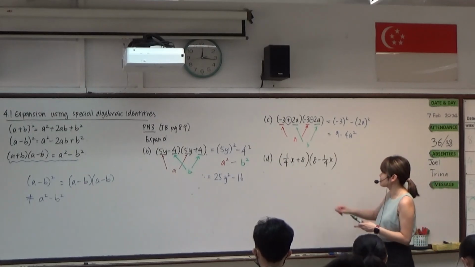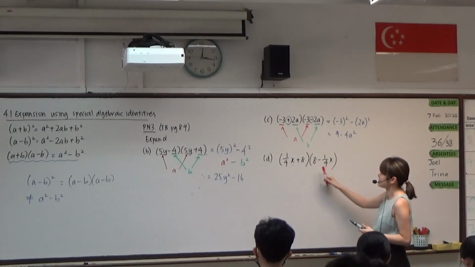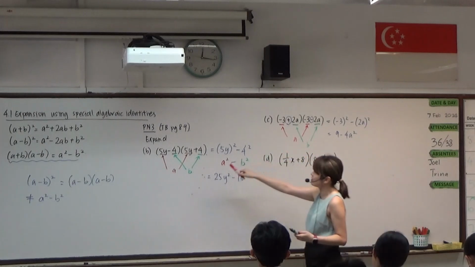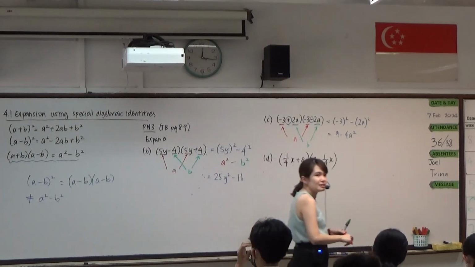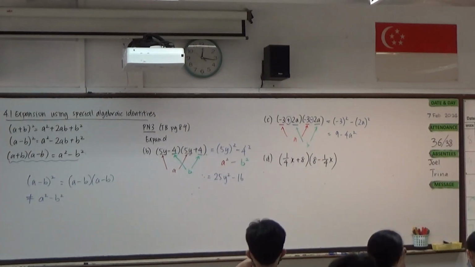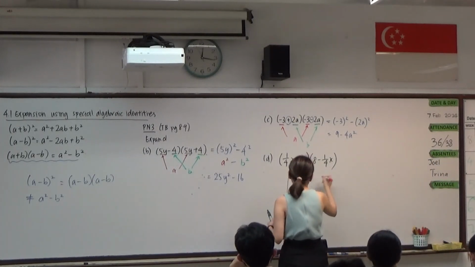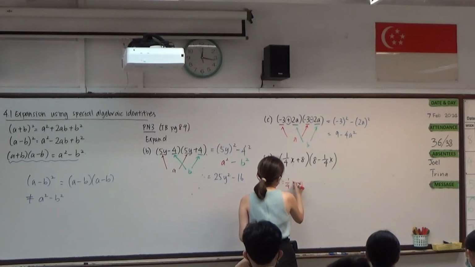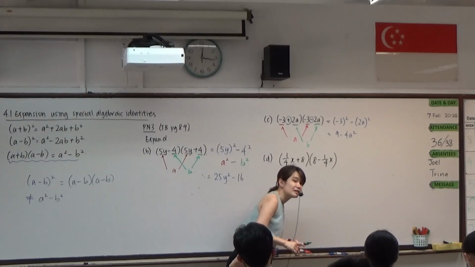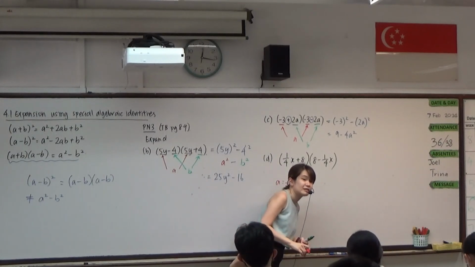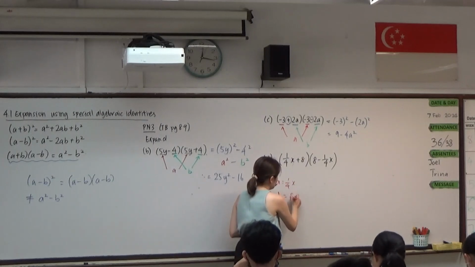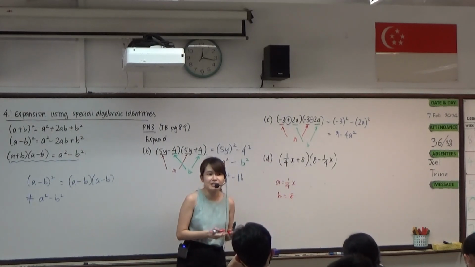How do you know 1/4 x? It's not both on the left side, like what I did earlier. Okay, never mind. Tell me that A is 1/4 x, and then B is 8.